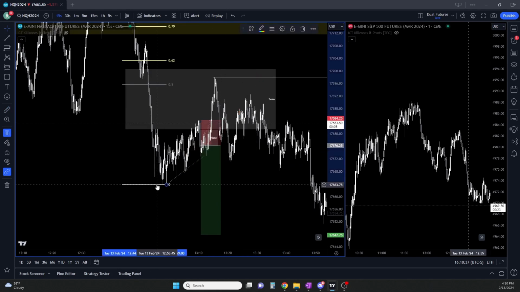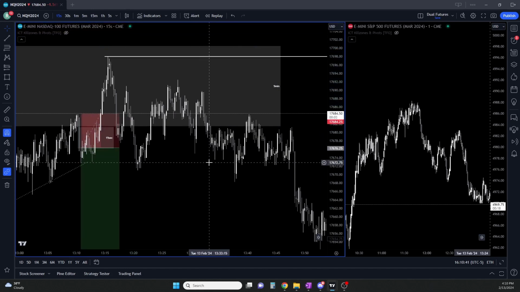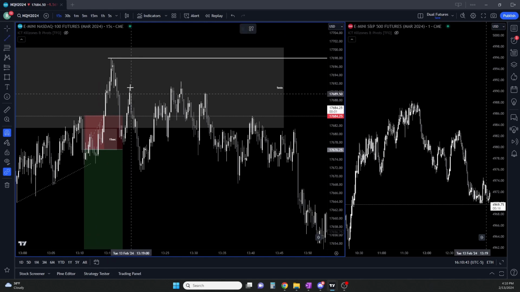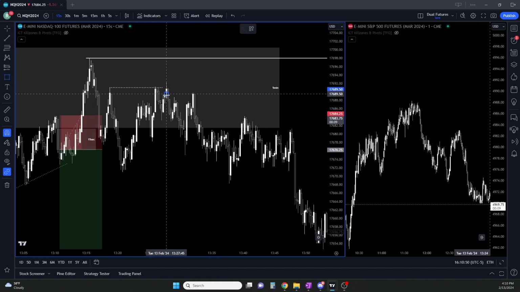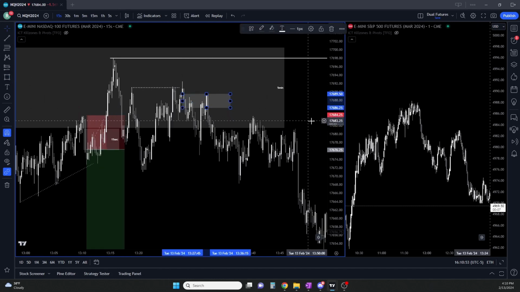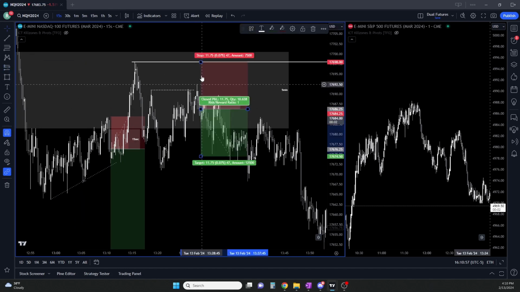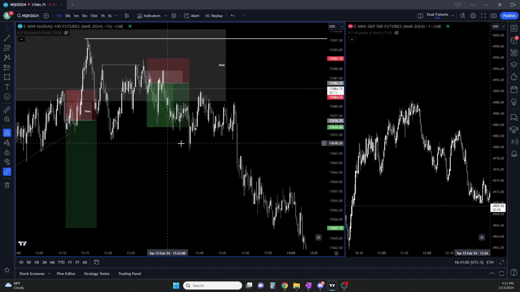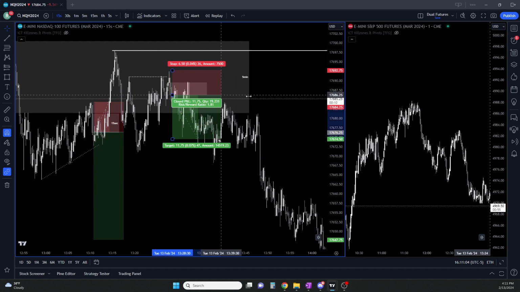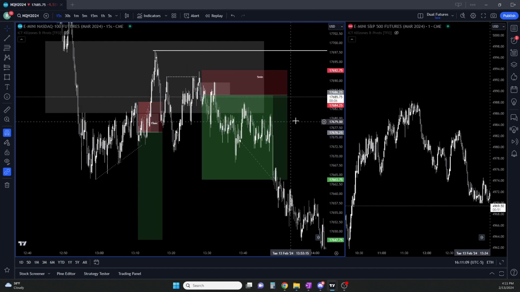We displaced lower, and I was watching this price action, and as we came up and we took these highs, right, displacement lower, I was looking at these two fair value gaps here, but at this point I was like, this just doesn't look clean. I want us to come up to take this high first before going lower. And I mean, this was an extremely choppy move, but it ended up working out.